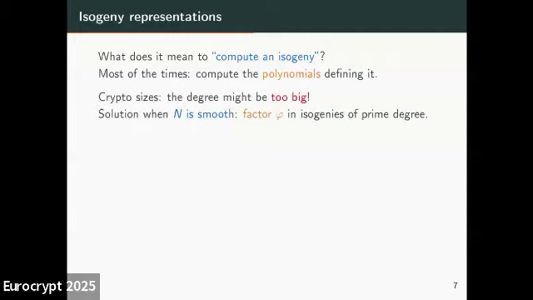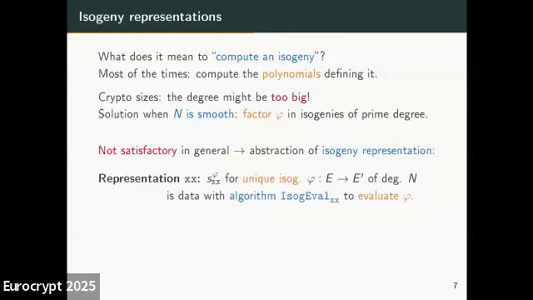The thing is that, as I said earlier, this is not always very efficient. And in crypto, we use big things, and in that case, you may end up with a polynomial that you will never be able to write. So the solution that we usually have is to take a degree that is smooth, because in that case, you can factor the isogeny and reduce your computation to a bunch of small polynomials, which can be represented efficiently.